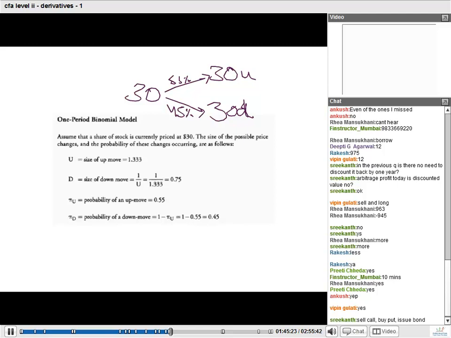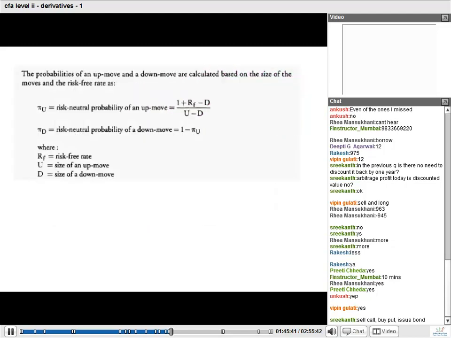The size of an up move is 1.33 times. So stock can become either 40 bucks or it can become 30 divided by 1.33. Given these possibilities, compute the price of the option.